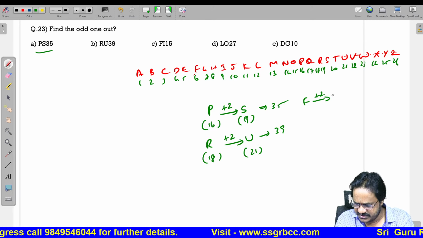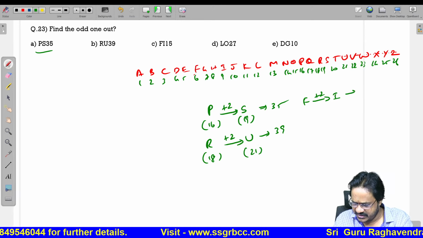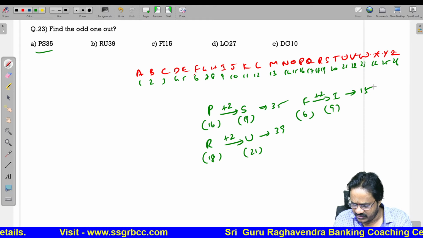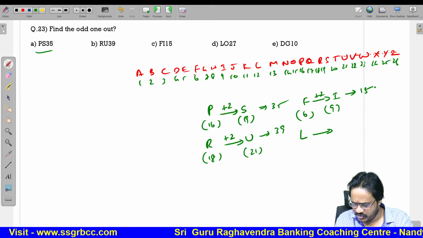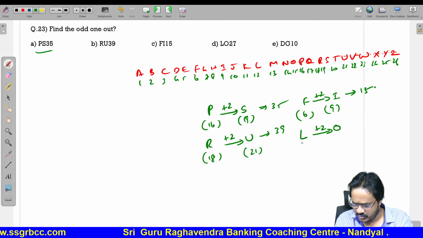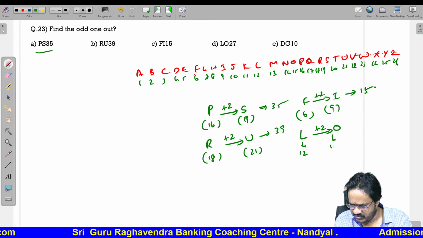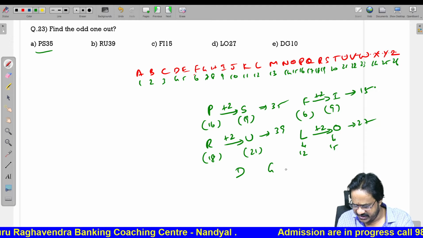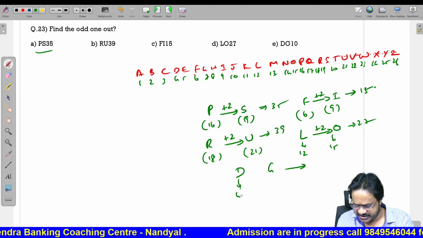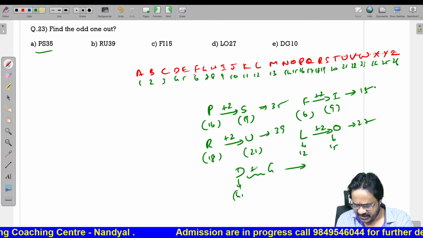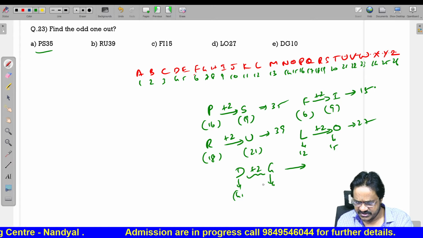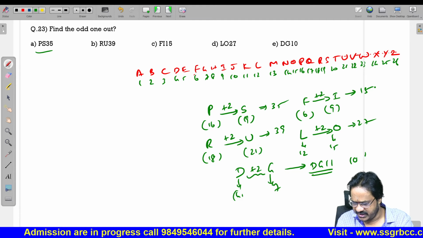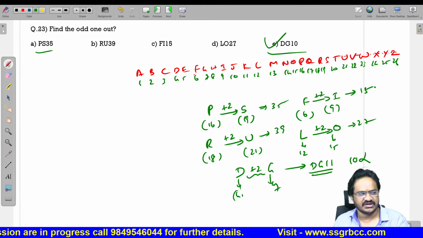F number is 6, I number 9, total 15. L, O 27. L is 12, O is 15, total 27. Similarly DG, how much? D is 4, then EF 2 means G, G number is 7, we should get DG 11, 10 is wrong. So DG 10 is the wrong one.